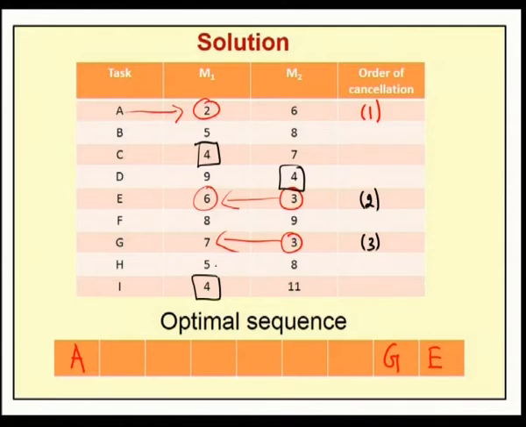For these 4, in order to select either of these, we have to look into the processing time corresponds to 4 under machine 2, which is 7, and for this 4, 11. So among this 7 and 11, the minimum is 7. Since the minimum is 7, next we have to select the task next to the first. So the order of cancellation is 4.